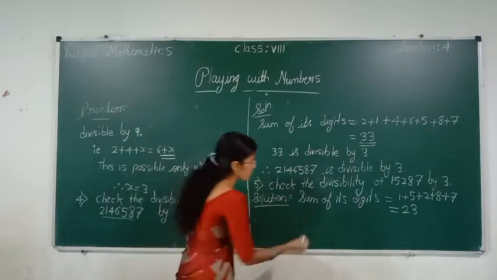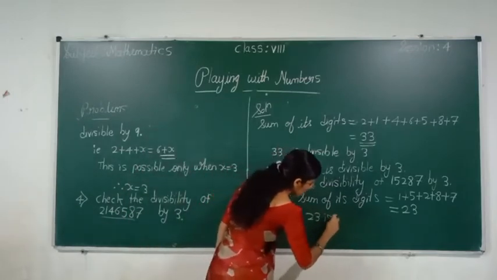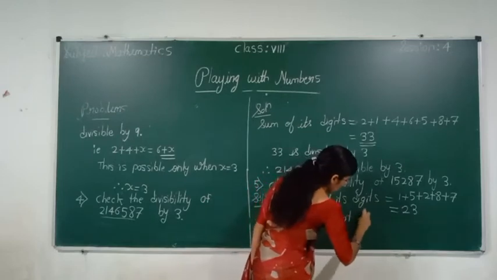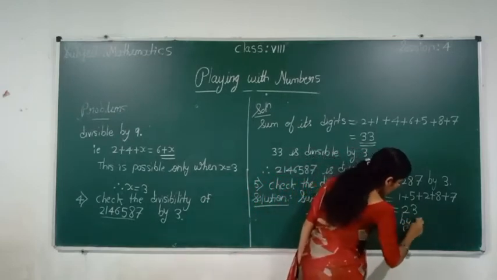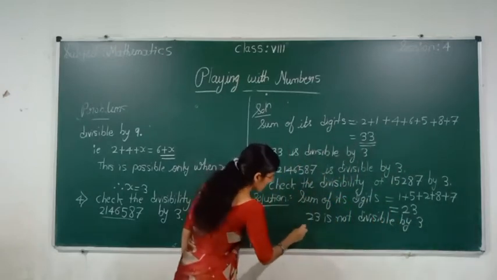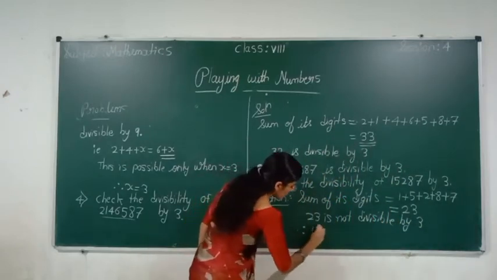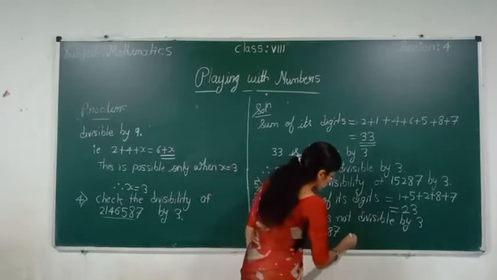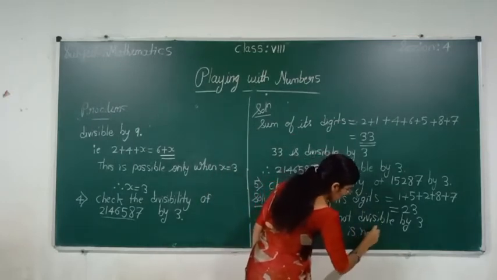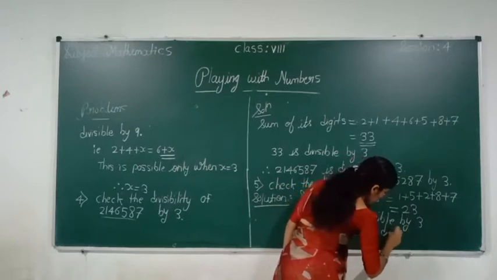No. 23 is not divisible by 3. Therefore 15,287 is not divisible by 3.